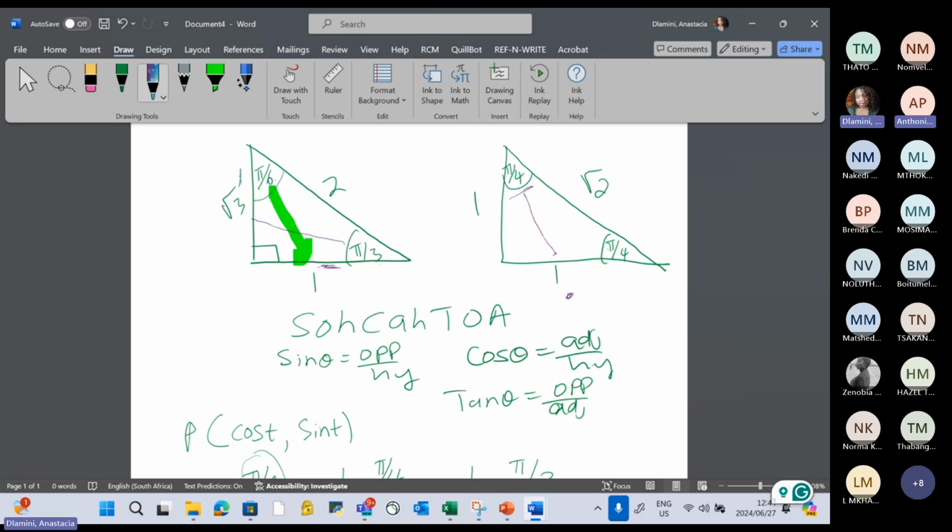Now, when we're talking about adjacent, we're talking about the side next to the angle which is not the hypotenuse. The side adjacent to pi over 6 is this one. The side adjacent to pi over 3 is this one, not the hypotenuse. We remember that one, right?